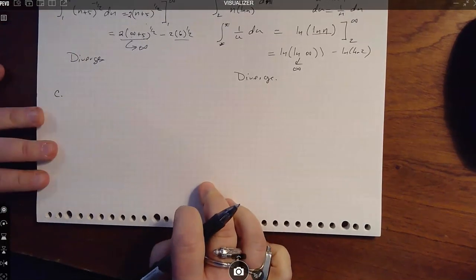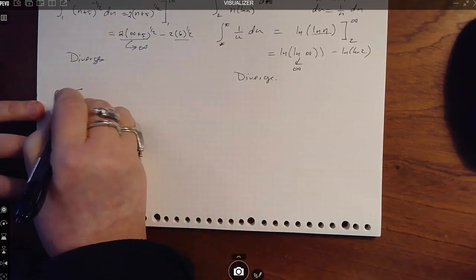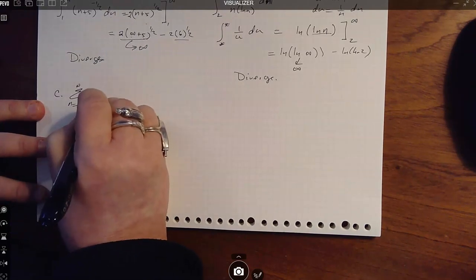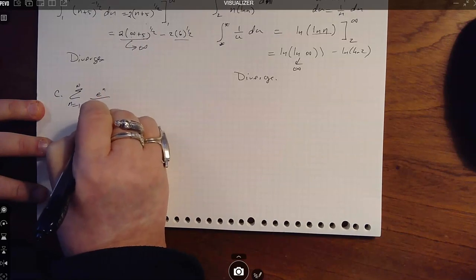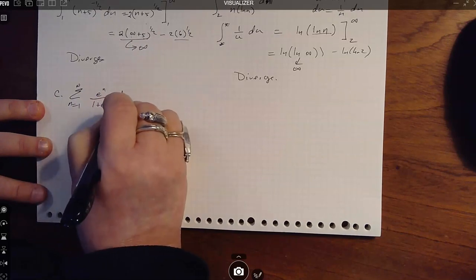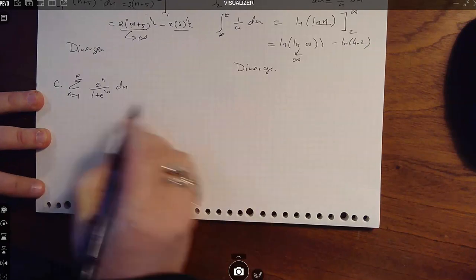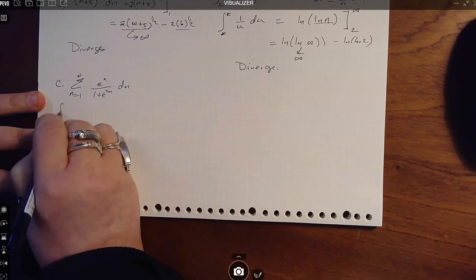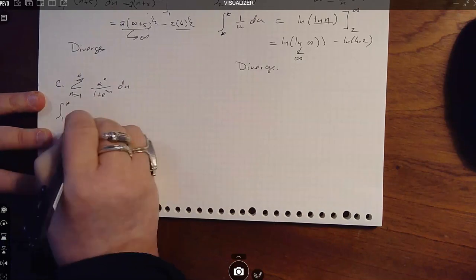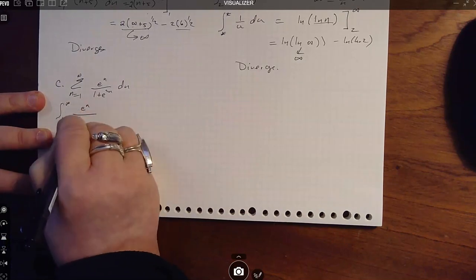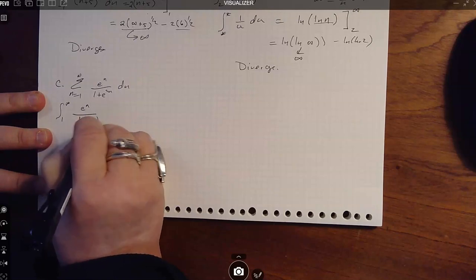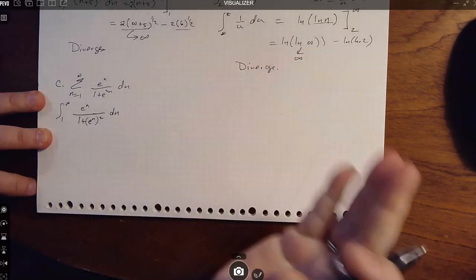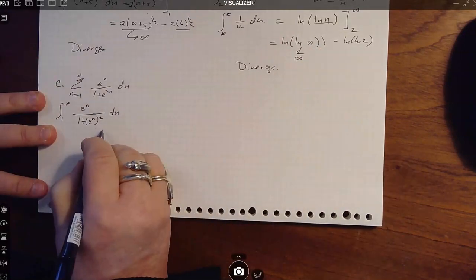Last one. We have the summation as n goes from 1 to infinity of e to the n over 1 plus e to the 2n. Using the integral test, I need to integrate this thing. Integral from 1 to infinity of e to the n over 1 plus (e to the n) squared. I'm kind of foreshadowing what I'm going to do with this.